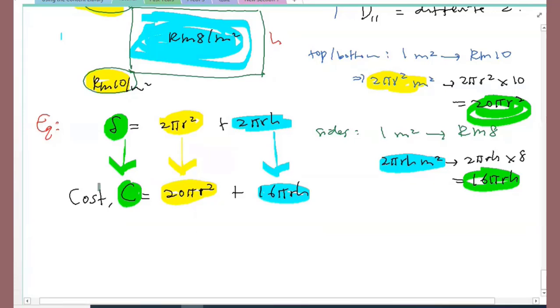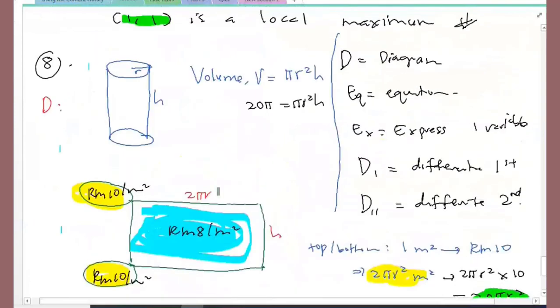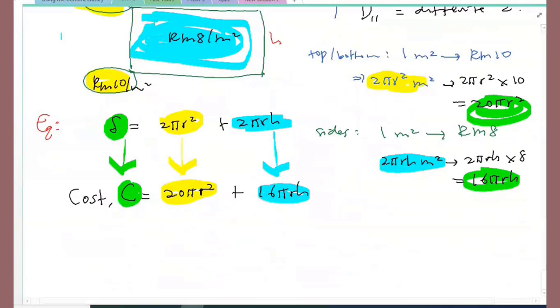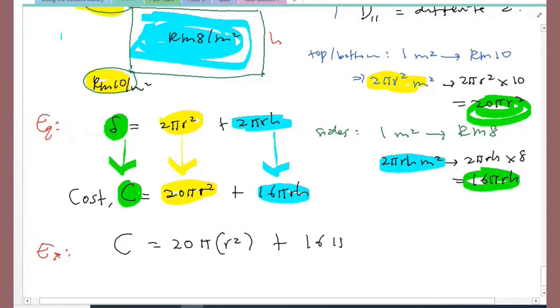Okay. So now the question is the most economical, the money cost. So now we settle the equation, and go to express in one variable. One variable before we differentiate. This C is 20 pi R square plus 16 pi R H, two variables.